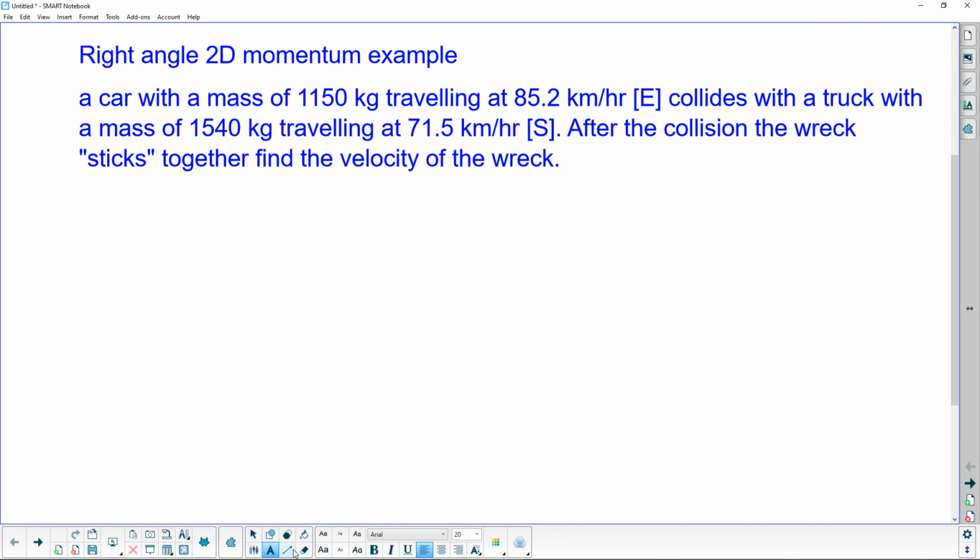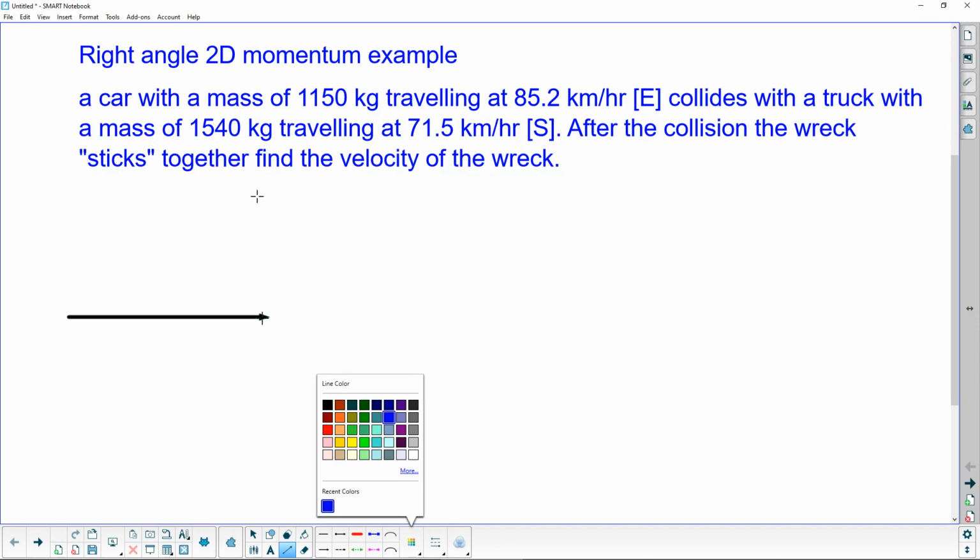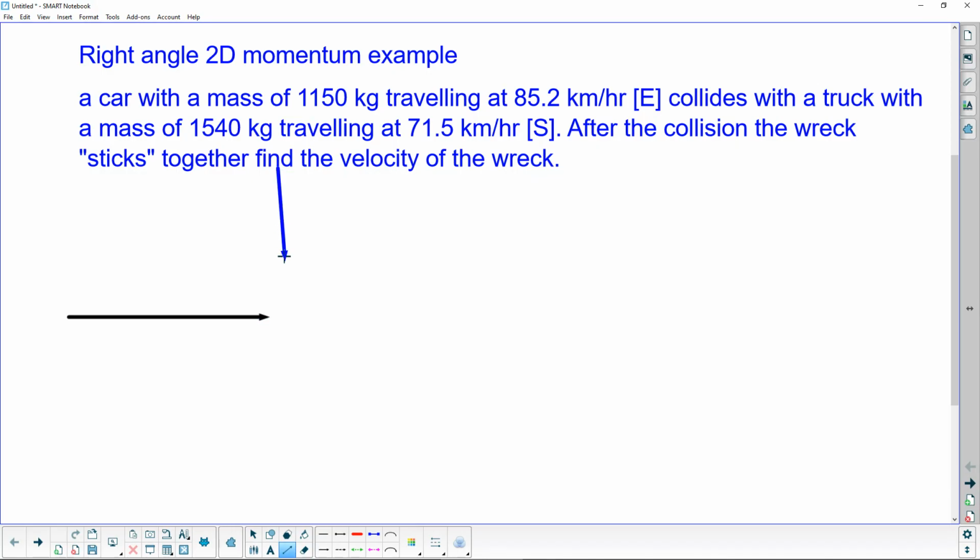So I'm going to use my arrows here. In our x direction, we've got our car going to the east, and here we'll say we have our truck traveling to the south.